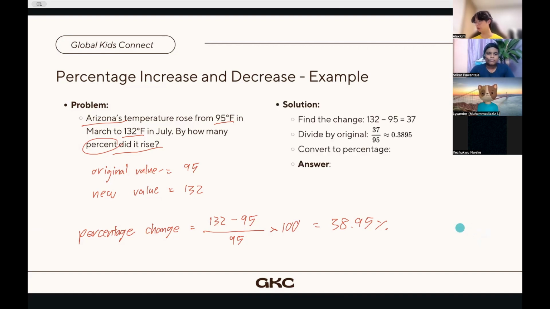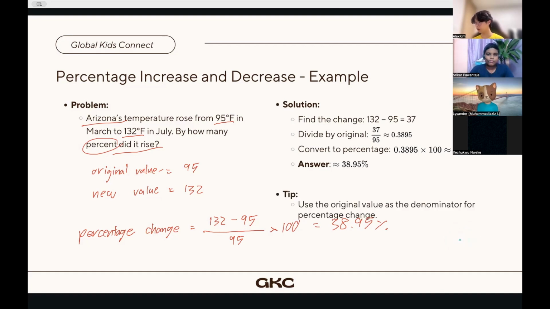And so the solution is the same as I've just explained. A tip for this is to use the original value as the denominator for the percentage change. Fairly simple, but there are students that confuse the equation. Some students remember the equation in a different way, which will give the incorrect answer.